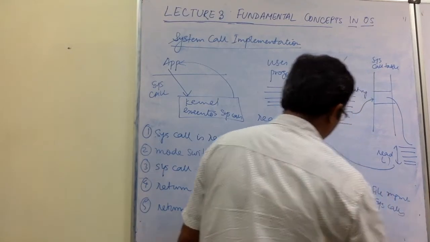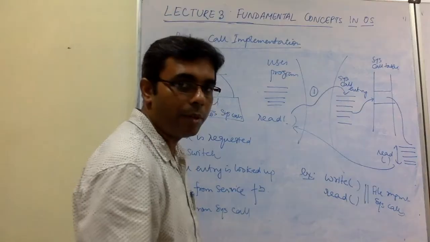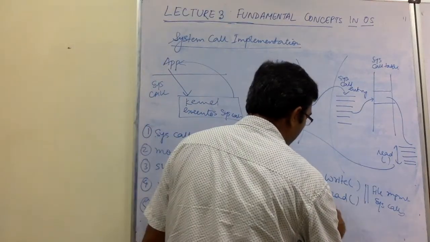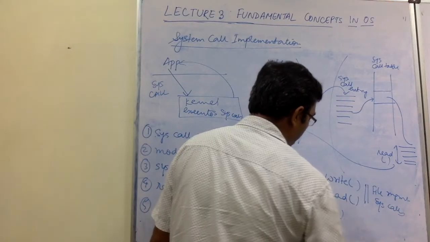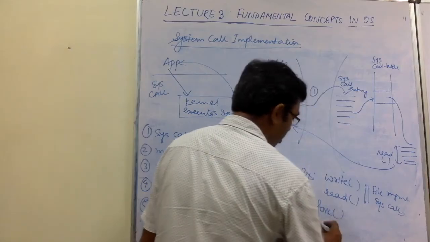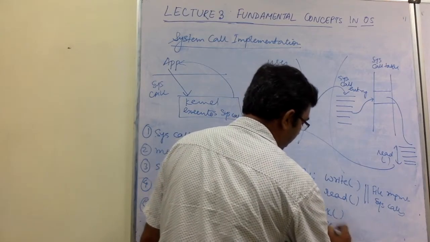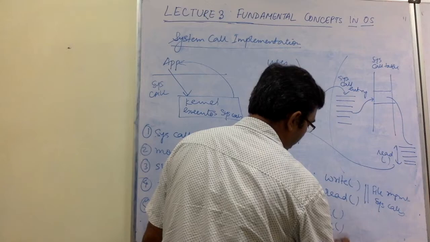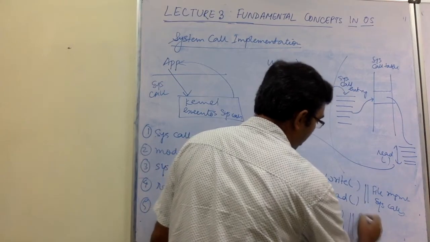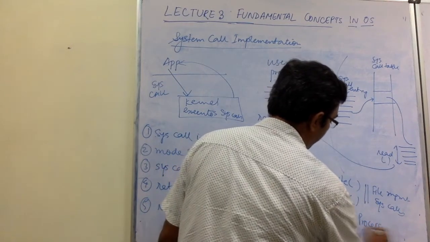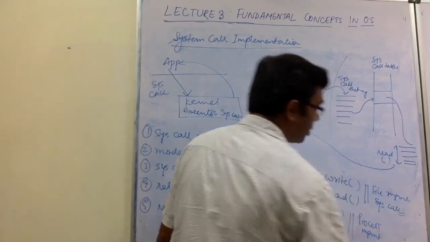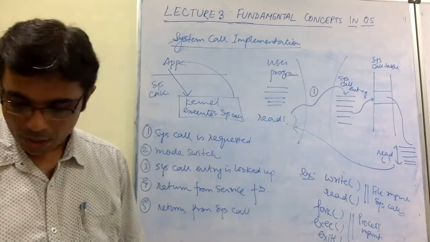Later on, in the next lecture itself, we'll be talking about some process related system calls, and we'll come across system calls such as fork, then exec and exit. Three related to process management. So these are the very simple system calls that we'll be talking about.